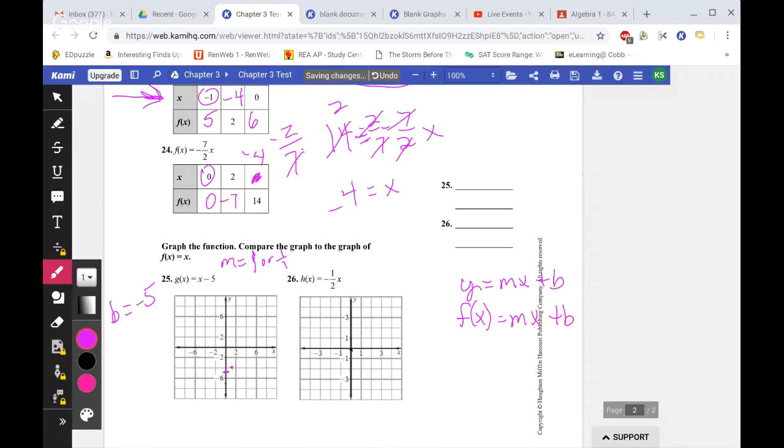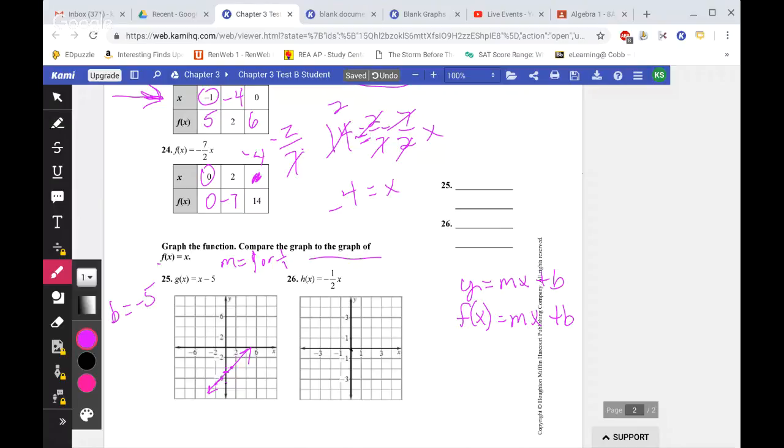But I can actually go up 2 over 2 because it's going to be the same thing.